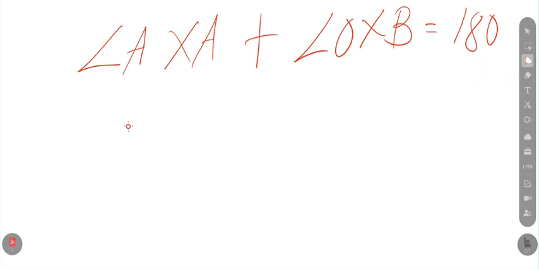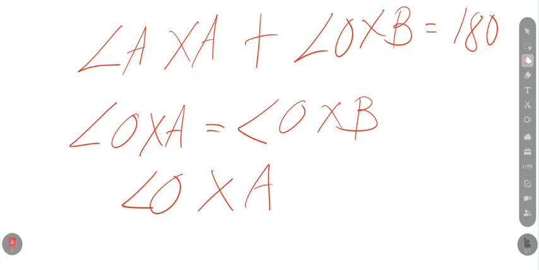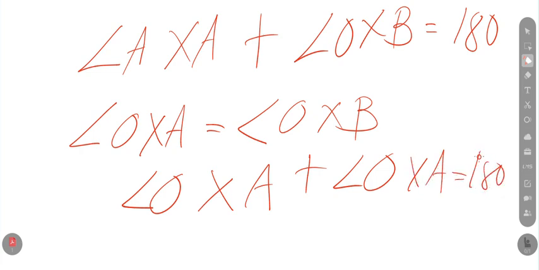Now, since angle OXA is equal to angle OXB from what we saw in part A, we can write angle OXA plus angle OXA equals 180.